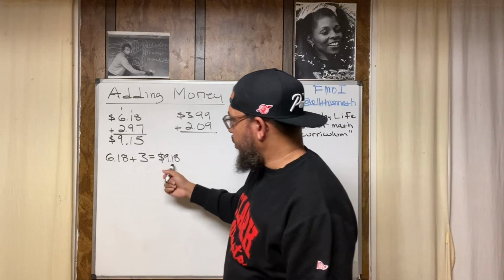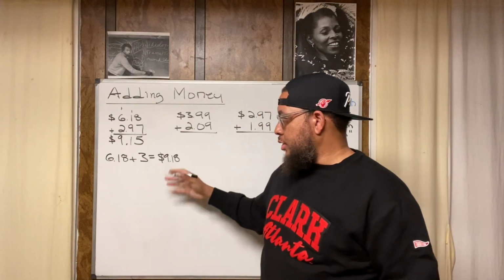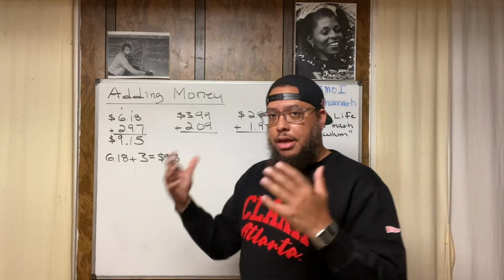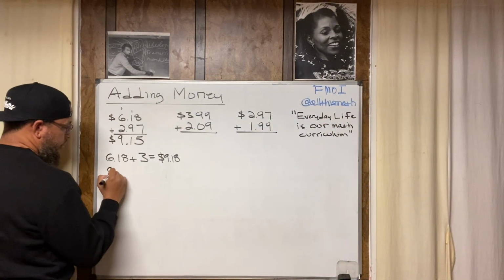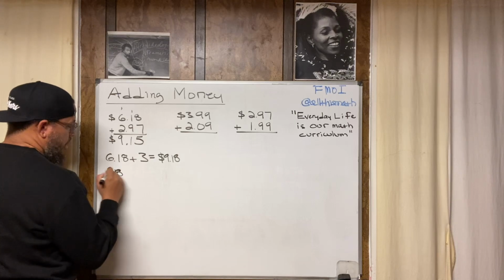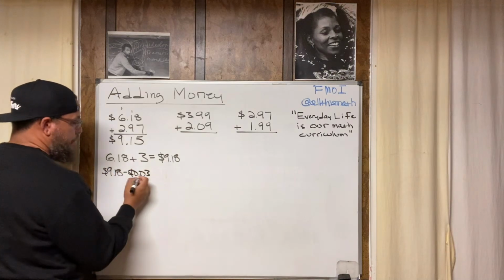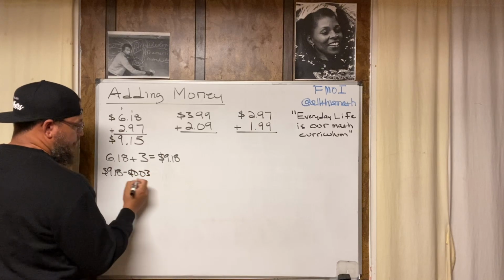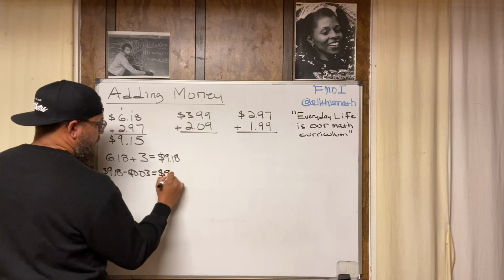So since we added 3 cents to make the math easier, when we get to this answer, we got to subtract 3 cents to get back to reality. So $9.18 minus 3 cents, 0.03, not 0.3, 0.03. That's 3 cents. It's going to be $9.15.